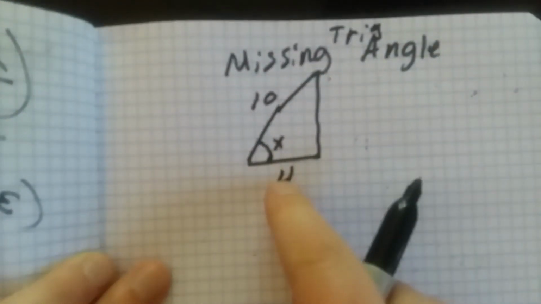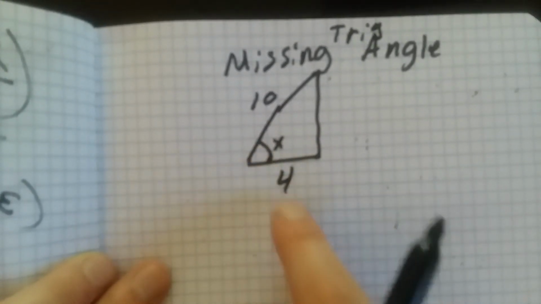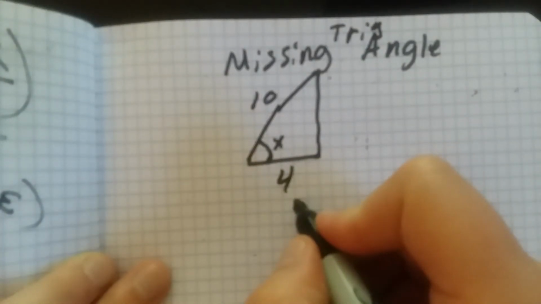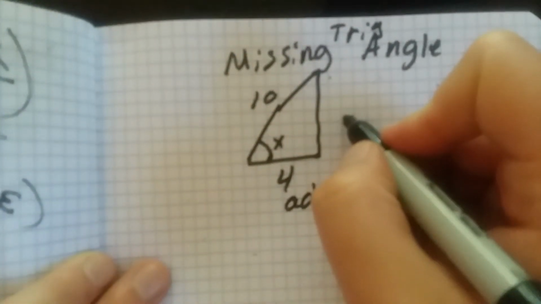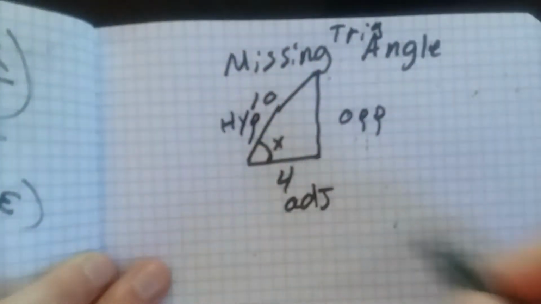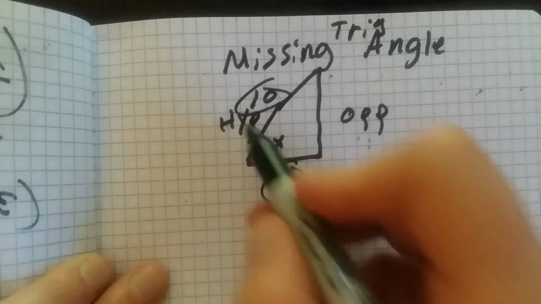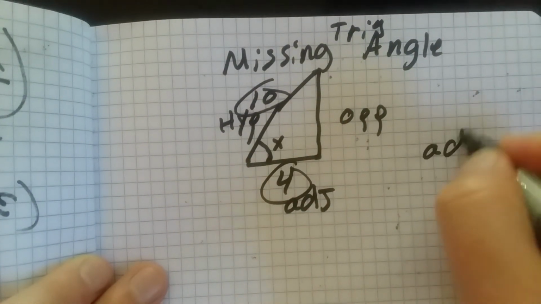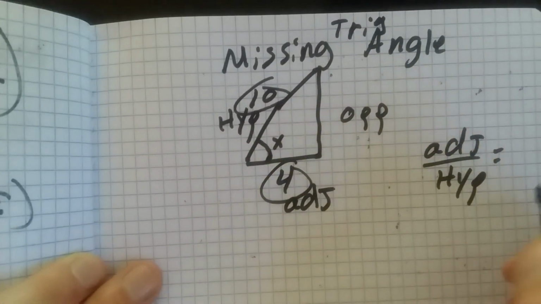Okay, which ratio is this in compared to this angle? This is my adjacent. This is my opposite, and this is my hypotenuse. Okay, the two sides we're using are adjacent and hypotenuse. Which trig function covers that?